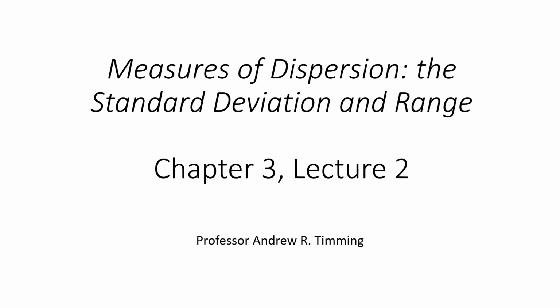So I will take my time in explaining this concept, and I hope by the end of this lecture you will be able to understand what I mean by a measure of dispersion, and in particular you'll have an understanding of what I mean when I refer to a standard deviation. All right, without further ado, how about we begin this lecture?